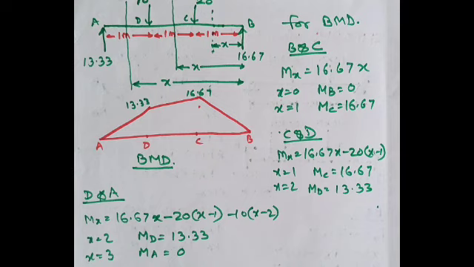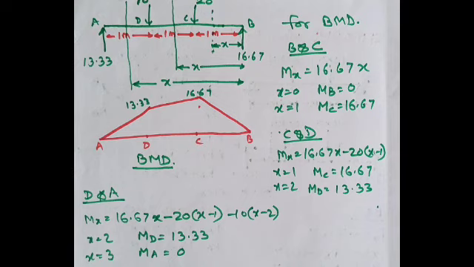Hence the total equation becomes Mx equal to 16.67 into x minus 20 into x minus 1. Now put x equal to 1 and x equal to 2. At x equal to 1 we get Mc equal to 16.67, and at x equal to 2 we get Md equal to 13.33.